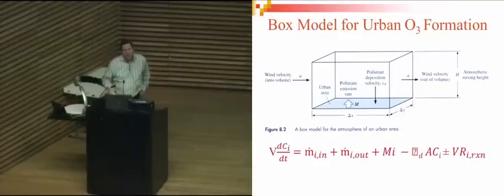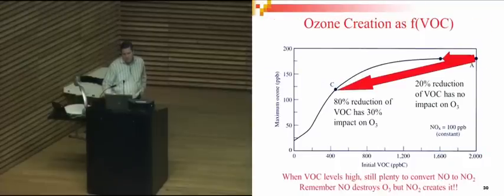Now, we can look at box models for ozone, including VOC inputs and NOx inputs, and that's of course well beyond the scope of this course, but we can come up with models that will predict ozone formation based on an initial VOC concentration.